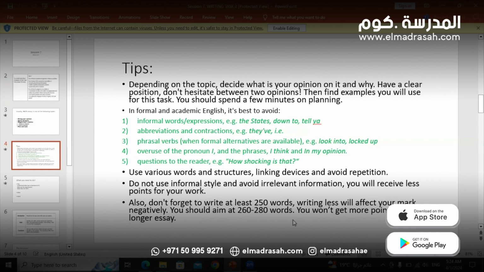The last paragraph will be the conclusion paragraph, which is the shortest paragraph in the whole essay. It's a summarization of the body paragraphs. So this is task number 2 in the writing section, and we can learn together some steps about writing this perfectly.